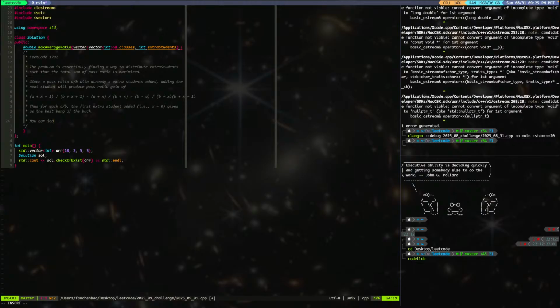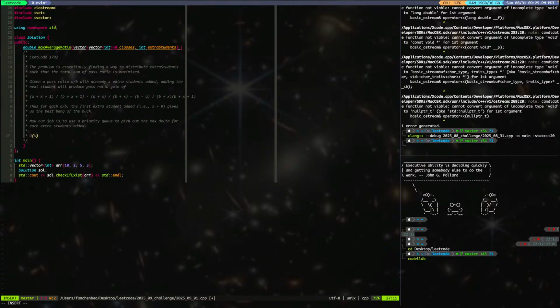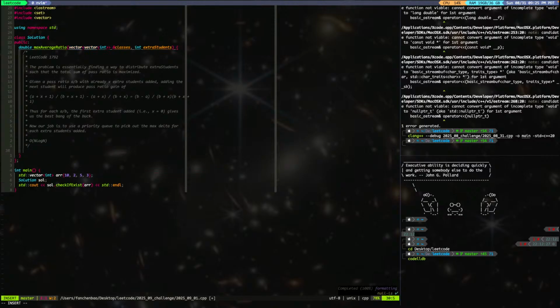Now our job is to use a priority queue to pick out the max delta for each extra student added. Probably O of n log n, I think, but not 100% sure.